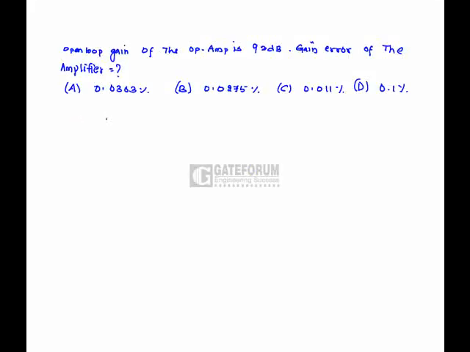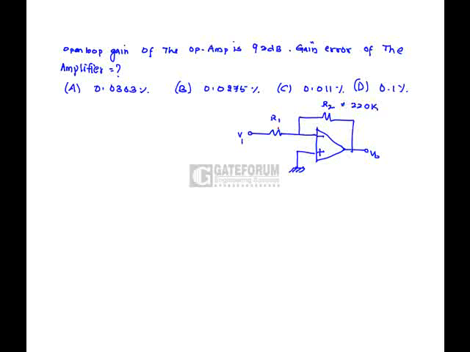Loop gain of the op amp is 92 dB. The gain error of the amplifier is, here the amplifier given is, here the gain error is defined as ideal closed loop gain minus actual closed loop gain divided by ideal closed loop gain.